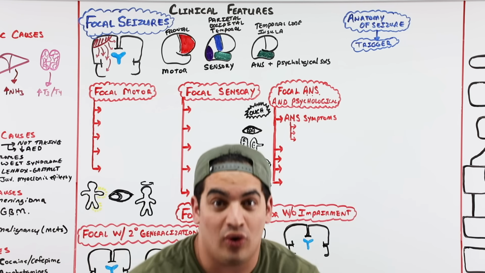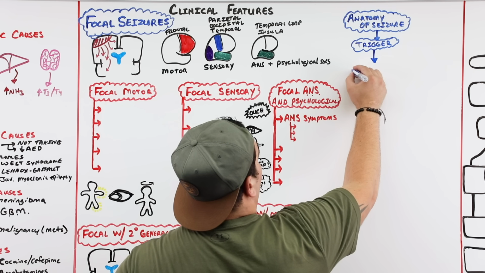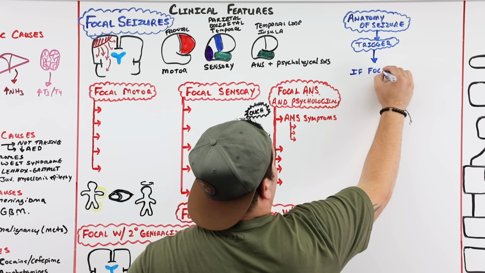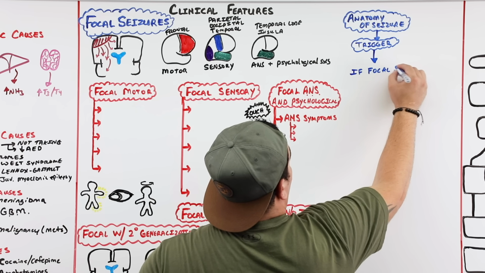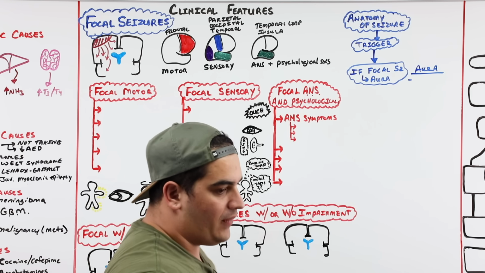Now, once you have that trigger, in some patients, if it's a focal seizure, it can lead to something called an aura. What the heck is an aura? An aura consists of a couple different things. You usually feel a couple different things.